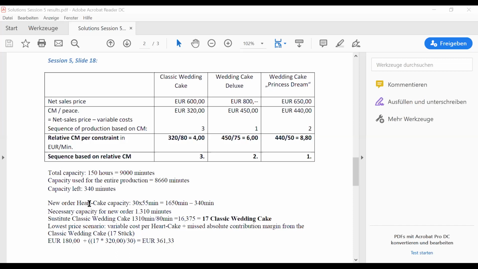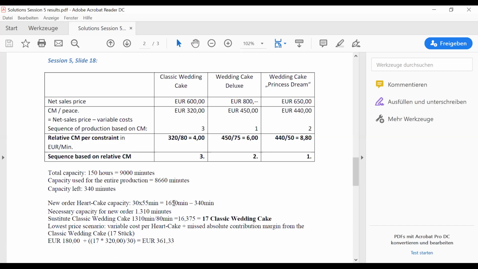And we also already calculated that the heart cake capacity is 30 cakes at 55 minutes. So we would need at least 1,650 minutes. However, we only have 340 minutes left. And that means that we need an additional capacity for the new order of 1,310 minutes.